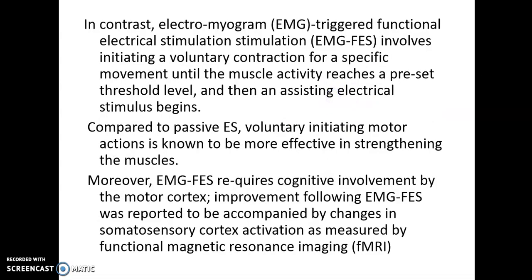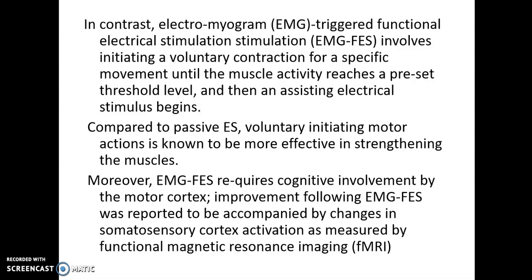In contrast, nowadays an even more updated version of FNMS, the EMG triggered functional electrical stimulation, is much used, because it detects when the patient is trying to voluntarily do some action which we are demanding, but enough motor firing is not happening.